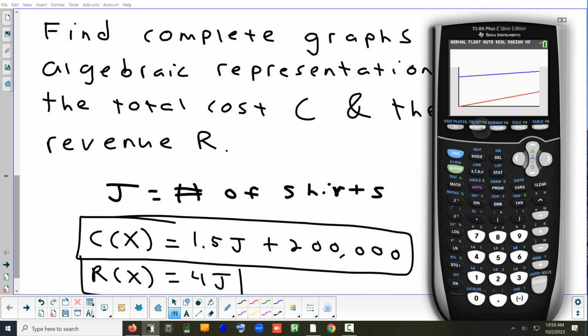Instead of 25,000, let's try 100,000. That's 4 times as much. That might do it. Yeah, we're good. So that's a good window. Not the only window, but that one will work.